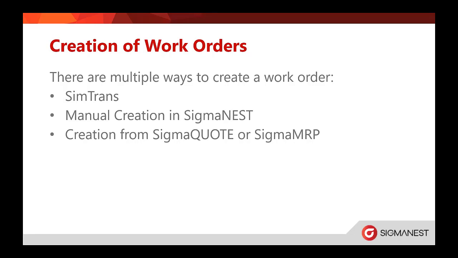And then the SigmaMRP is going to be for our MRP system. So just like you may have your own MRP or ERP system, we do have our own built and set up MRP system that integrates really well with SigmaNEST and other SigmaNEST products.